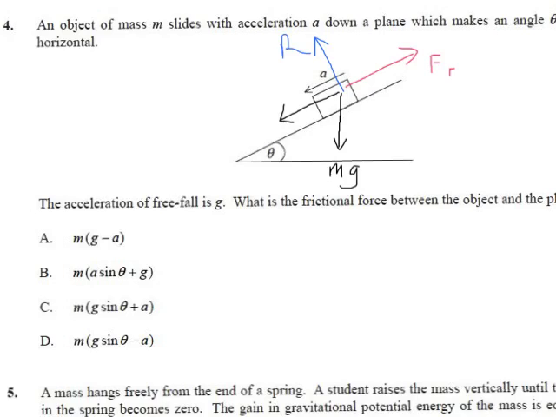What we're going to have to do next is find the component of this force down the slope, and we'll do that in a second. Because the object is moving down the slope, there is a frictional force opposing that motion, which is Fr, friction, and that's what we're trying to figure out. And we also have a reaction force, but the reaction force, to be perfectly honest, is useless to us because we don't need it.